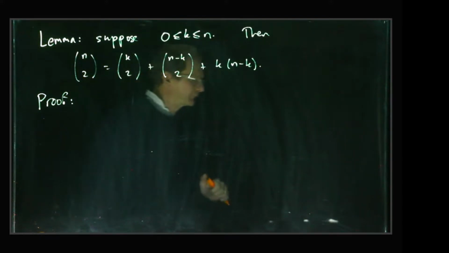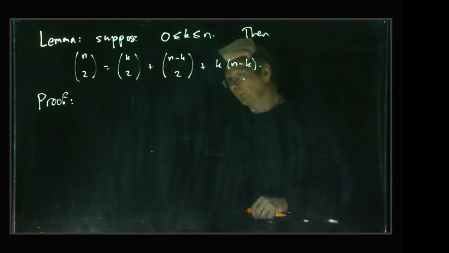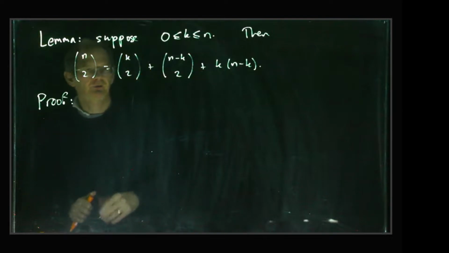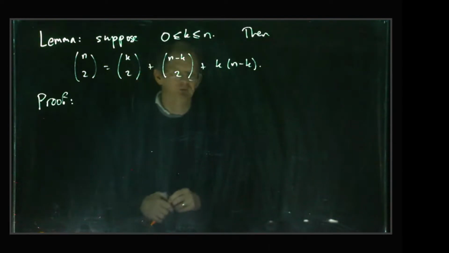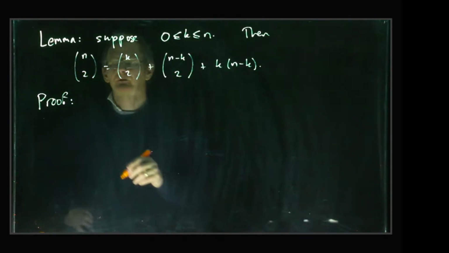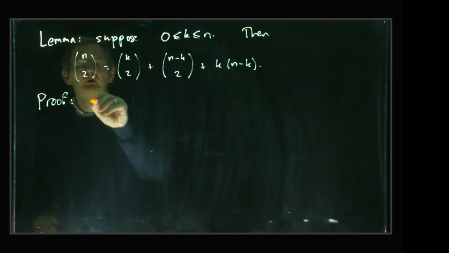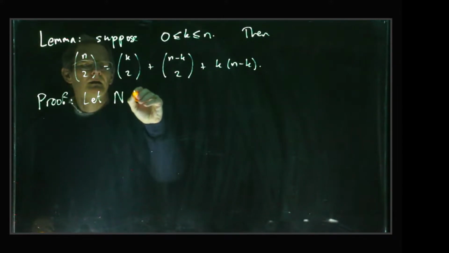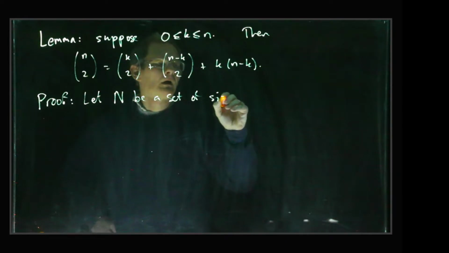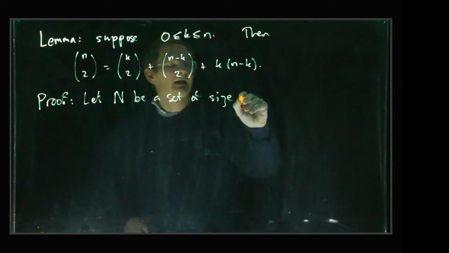So proof of this, well, one way you could do it is there's a very simple formula for n choose 2, and you could just substitute that in and expand everything out, and check that it works. That's not terribly illuminating though. So instead we'll do a kind of bijective proof. Let N be a set of size little n.